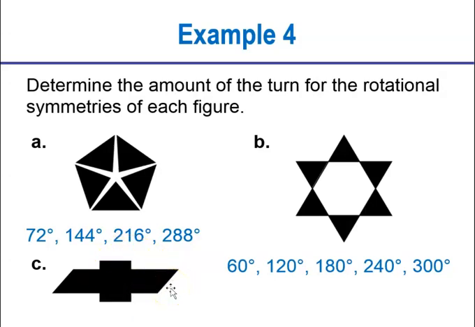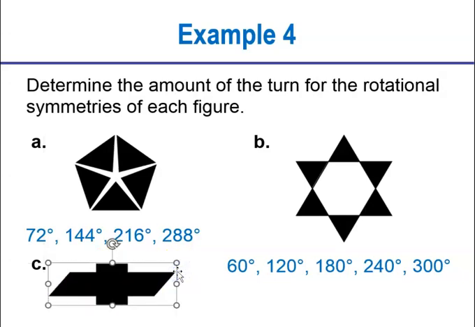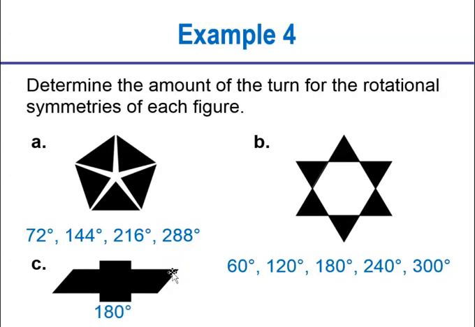Here's what I'm thinking. If we rotate 180 degrees, this corner is going to land right here on that corner, right? So this corner is going to land on this corner. And that's a 180 degree rotation, and that is exactly what that answer is.